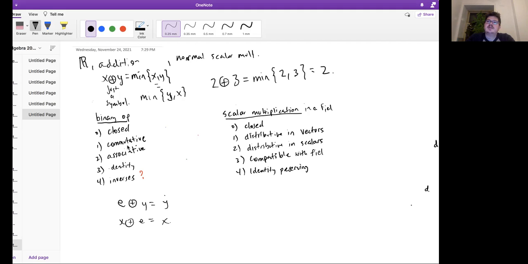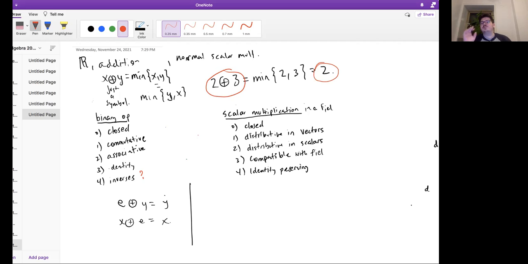So let's say precisely why identity fails. Since 2 plus 3 is 2, you might think 3 kind of acts like an identity, right? It's a number where if you add it to 2, it lands back at 2. Can you think of another number that does that? 2 plus what other number gives you 2 as well? Yeah, n greater than 2.